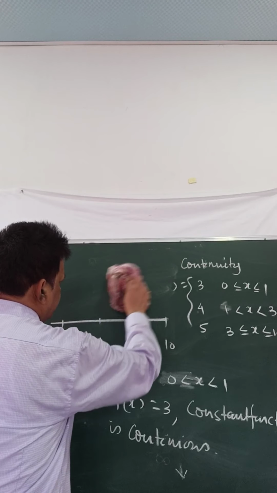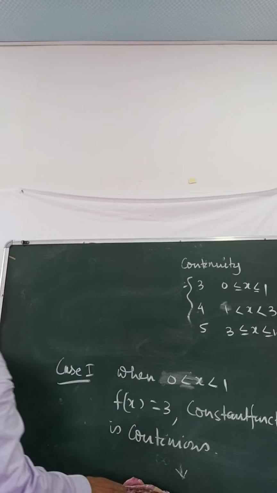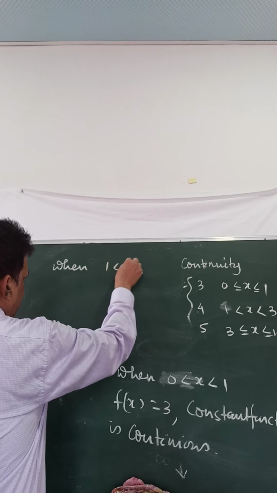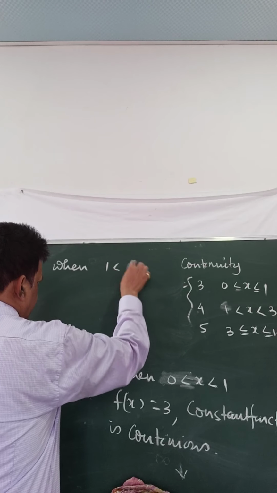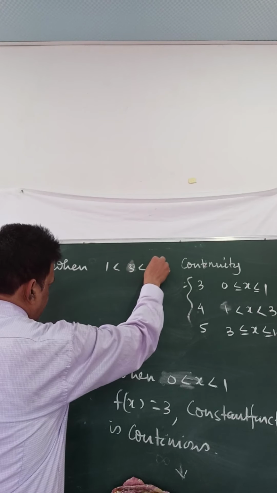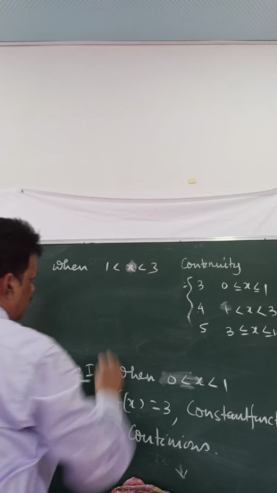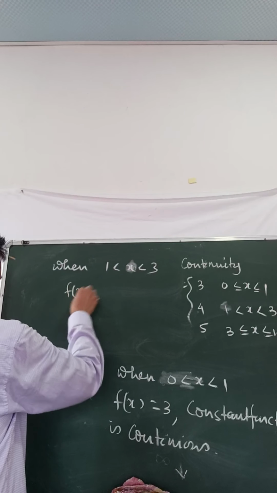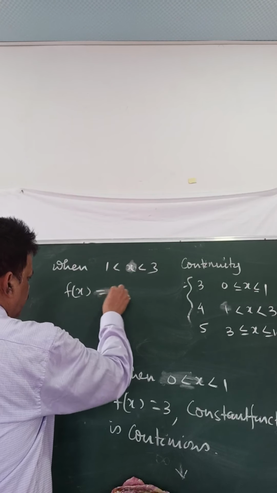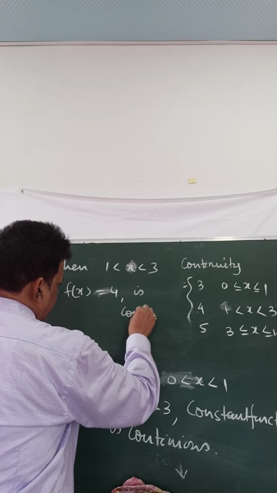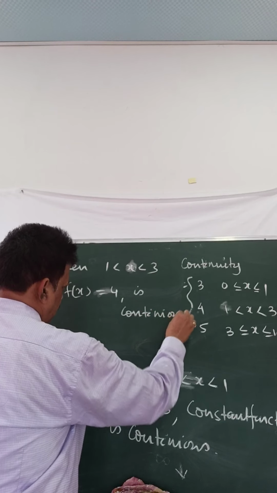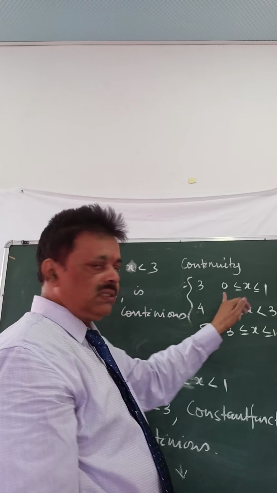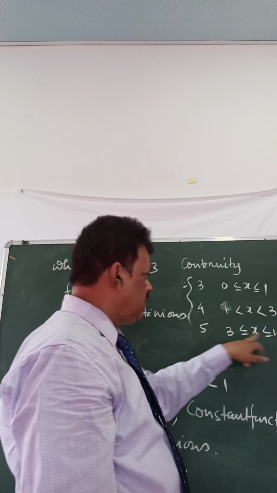Look at this side. When x lies between 1 and 3, your f(x) equals 4, which is continuous. Case 3 is the same, because it is a constant function, again between 3 and 10.